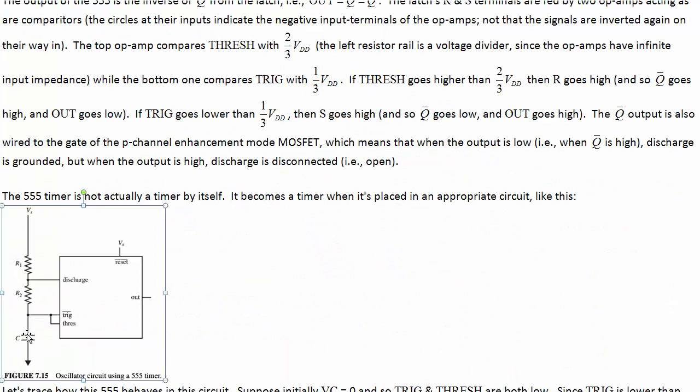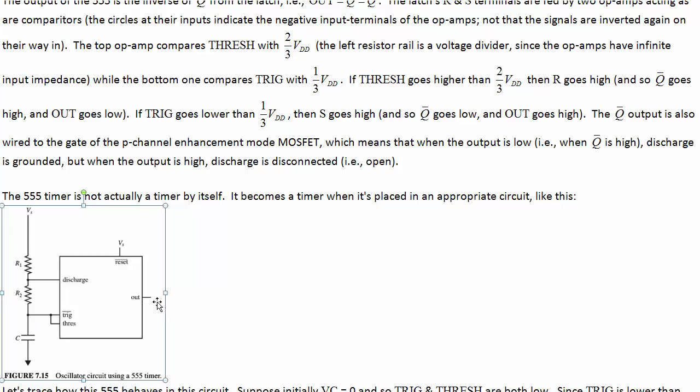So this capacitor charges up, and the output is a 1 until we get to 2/3 of VDD, and then it starts discharging until we get down to below 1/3 VDD, and then it starts charging until we get to 2/3 VDD, and then starts discharging until we get to 1/3 VDD.